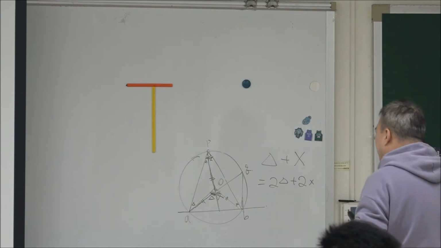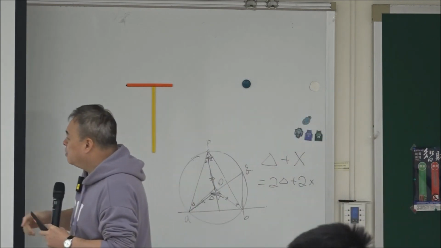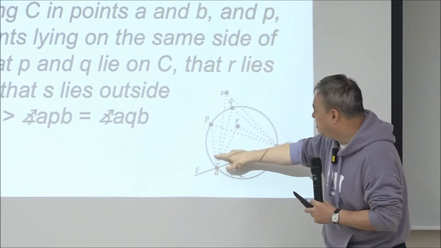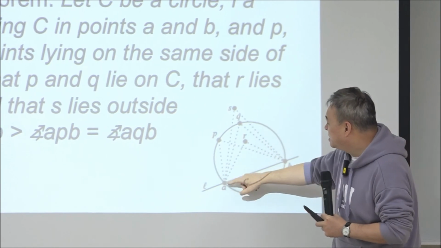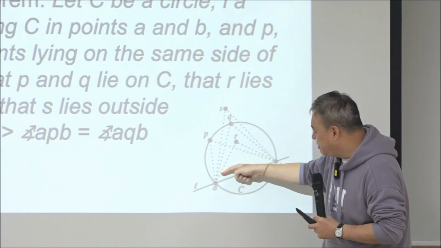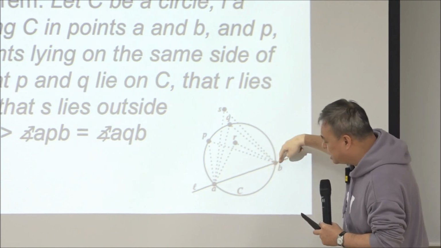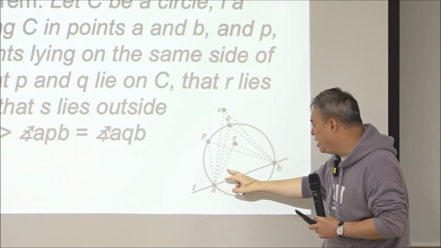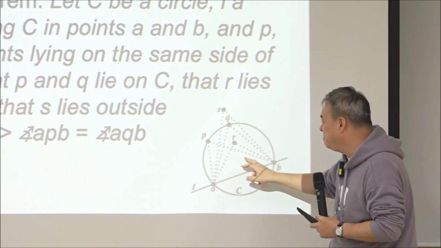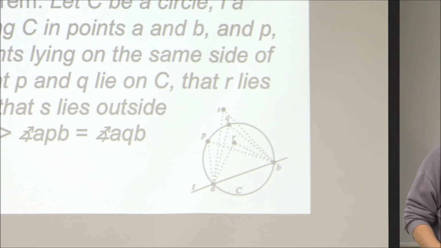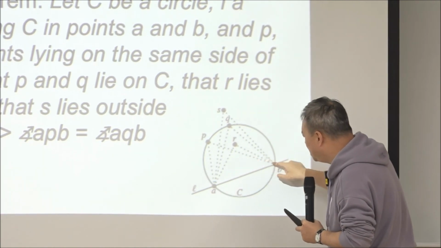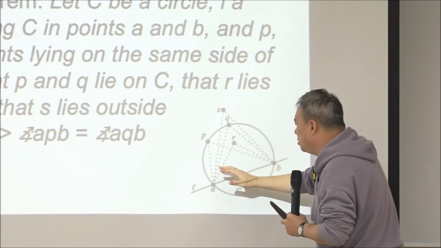But anyway, the first thing we know is that APB and AQB face the same arc, so both will be half of AOB.